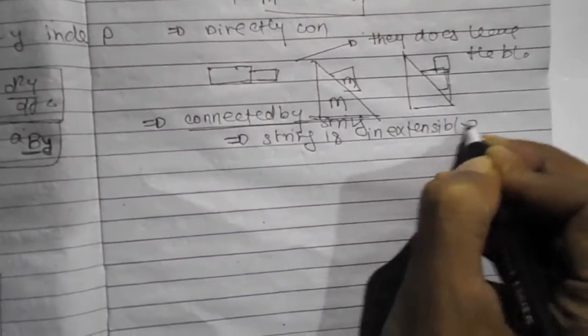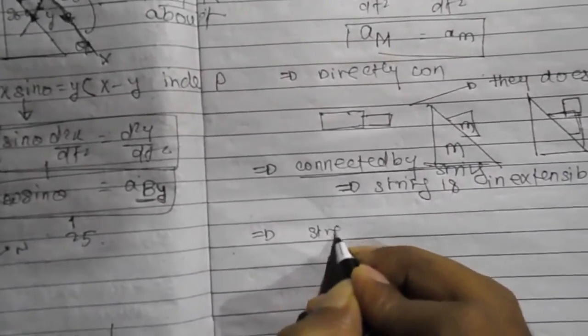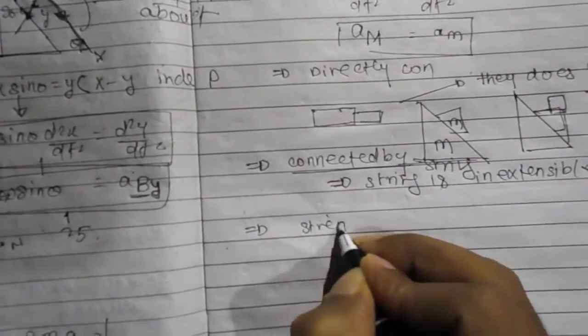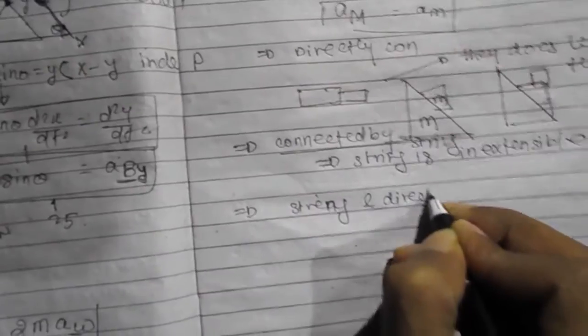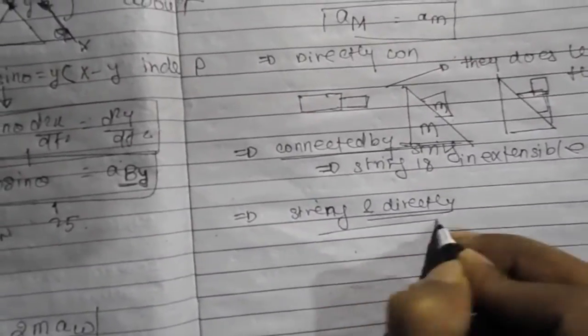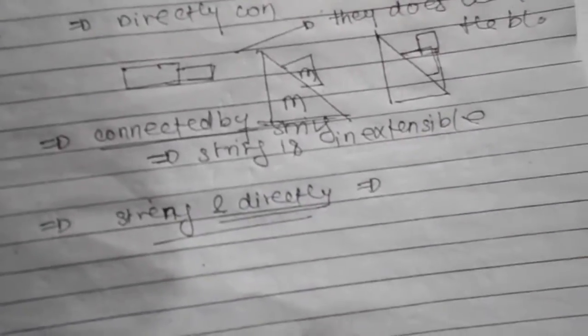And the third type is in which they are connected by string and also directly, just like this. These two blocks are connected by string as well as directly connected. In this case, what is the condition?